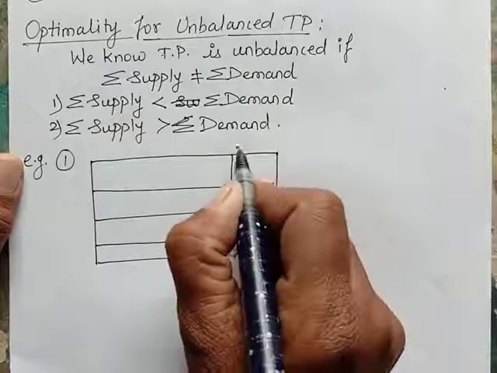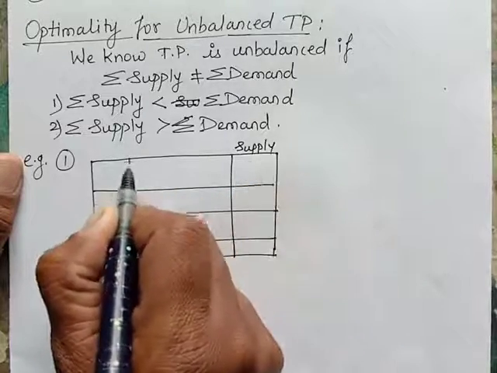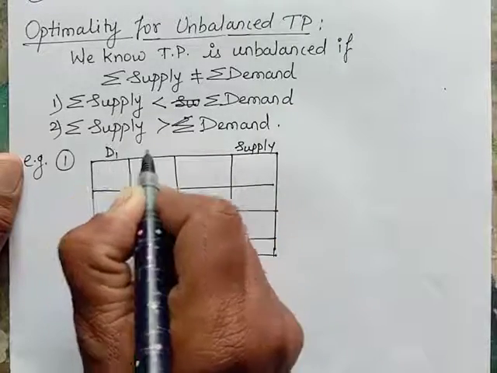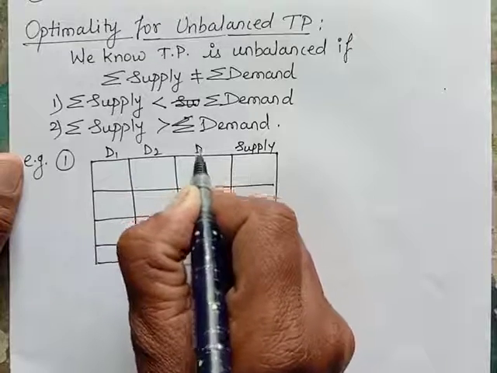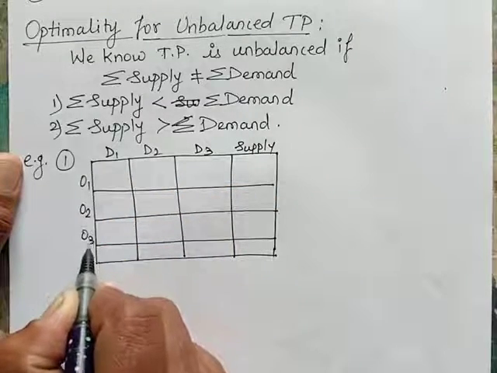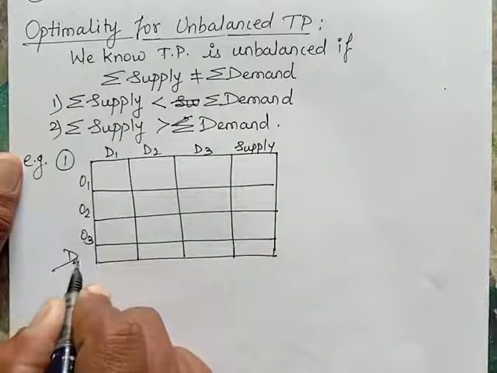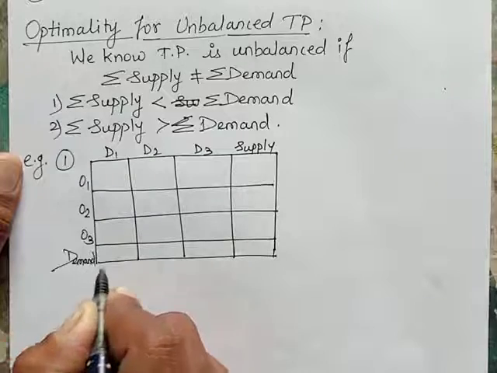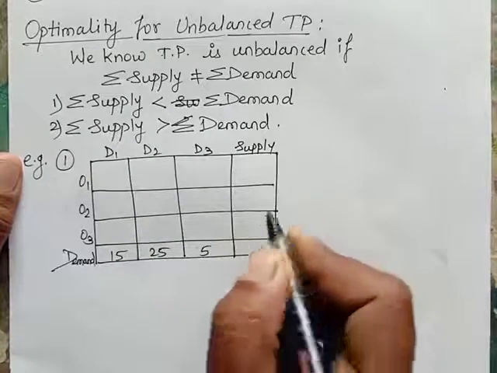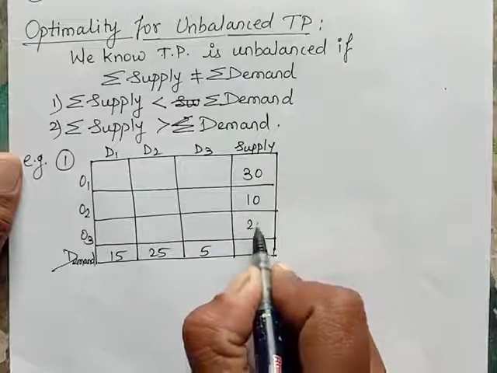Simply we will take supply and demands. Suppose here D1, D2, D3 are the destinations, O1, O2, O3 are the origins. Demand is 15, 25 and 5 suppose, and the supply is 30, 10 and 20 suppose.